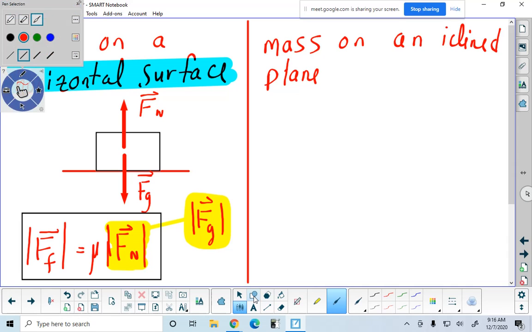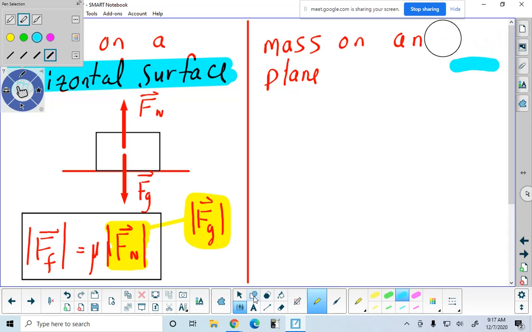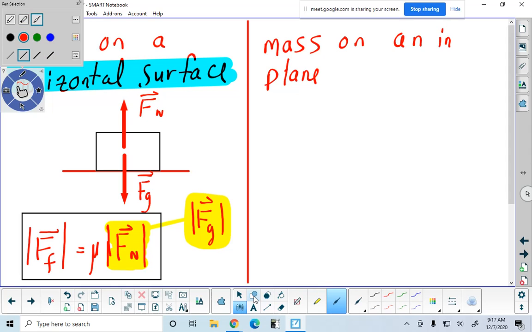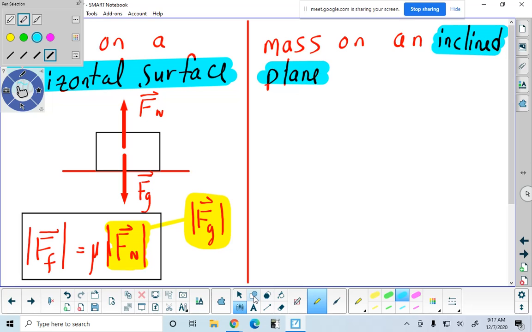I spelled inclined wrong, so I better fix that. If you want to use the word ramp instead of saying inclined plane, that's up to you. I'll probably use inclined plane most of the time.